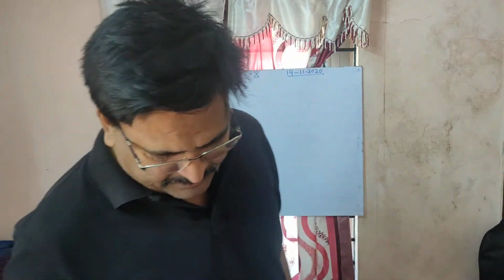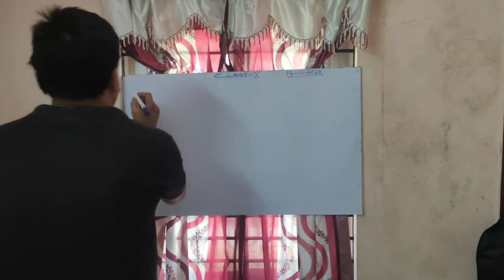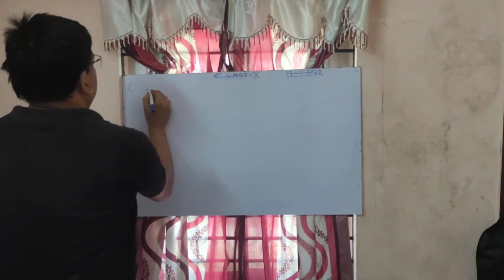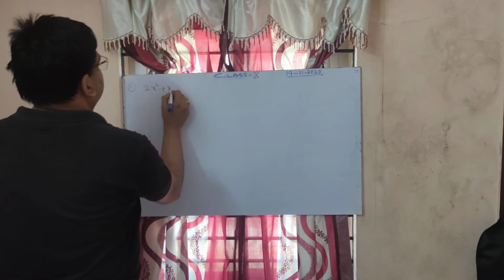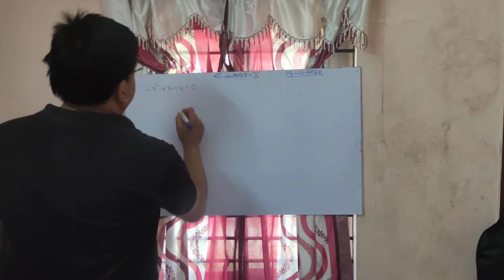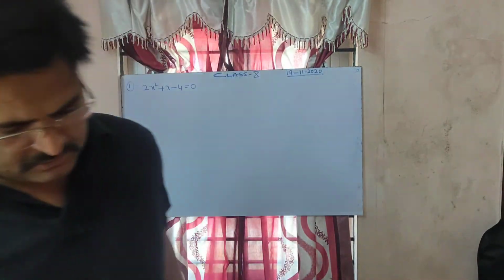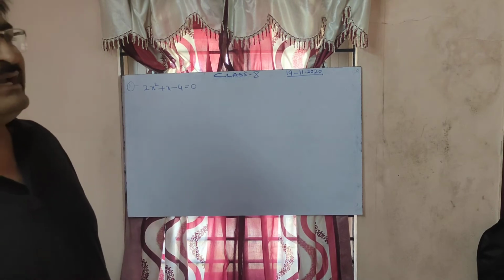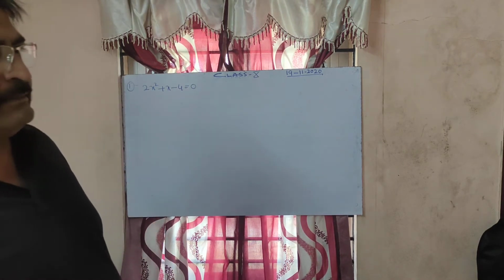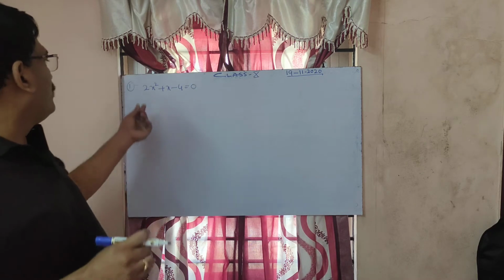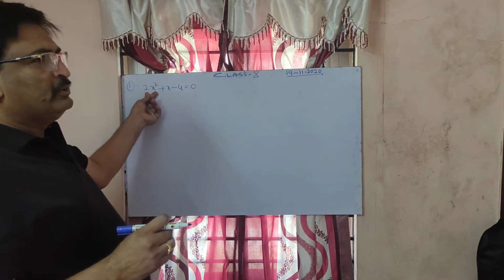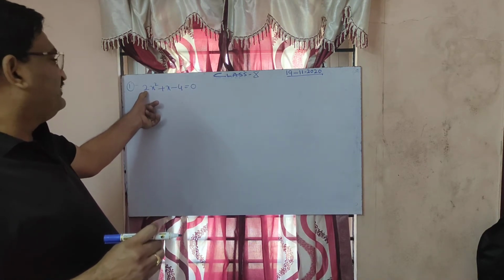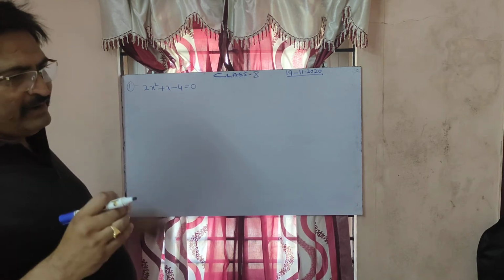Okay, the next example is 2x square plus x minus 4 is equal to 0. I told you what the first step is. The first step is to remove the coefficient of x square, whatever it may be.